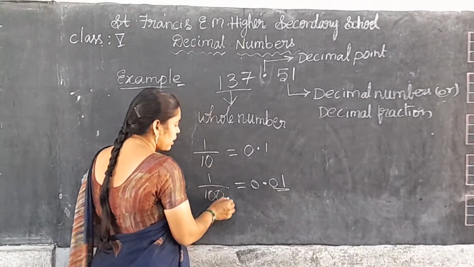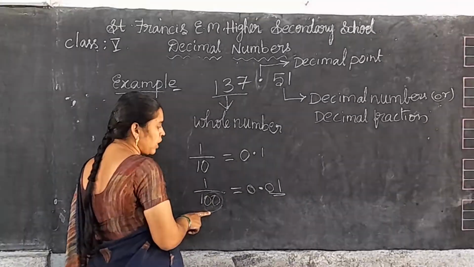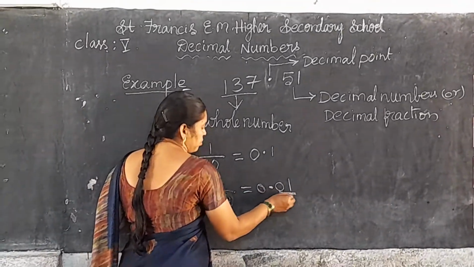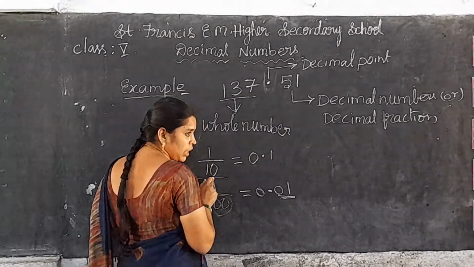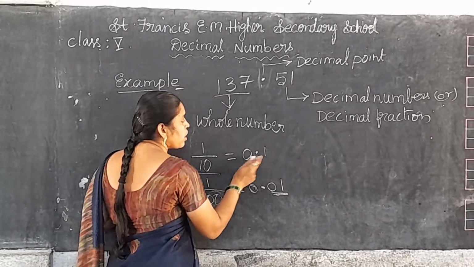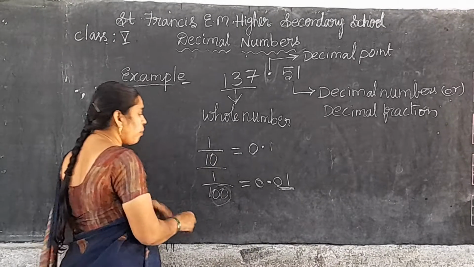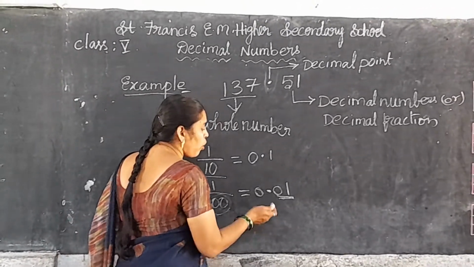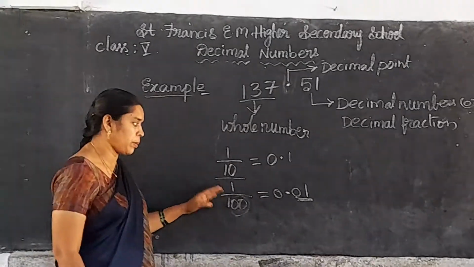If it is 100 in the denominator, point after 2 numbers. If it is 10, in the denominator 1 zero is there, point after 1 number. If in the denominator 3 zeros are there, point after 3 numbers. Okay? Like that you remember.